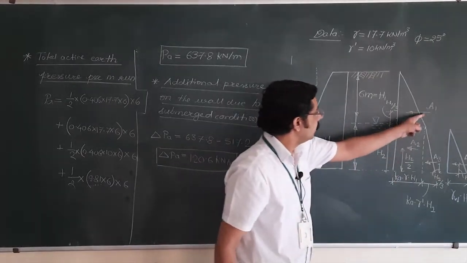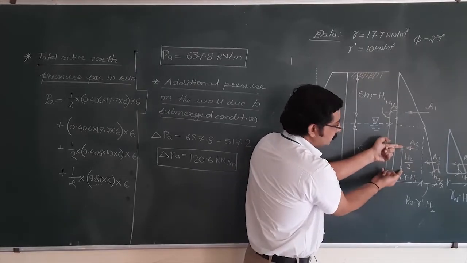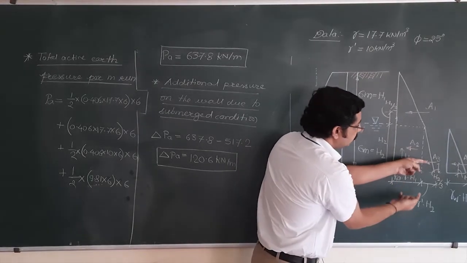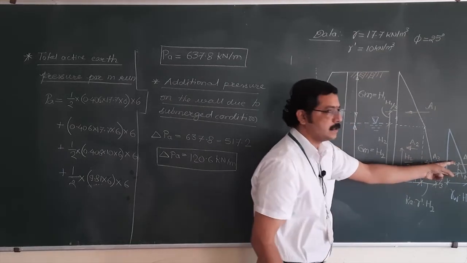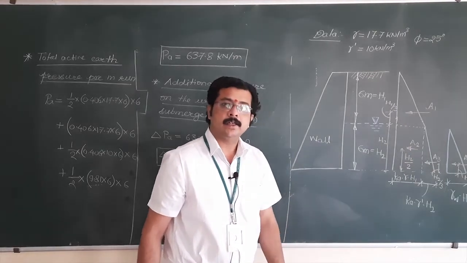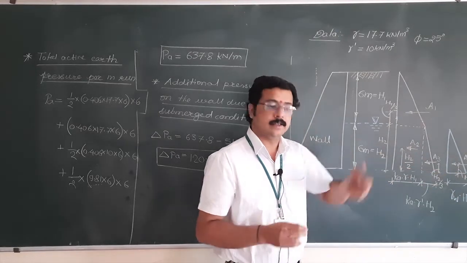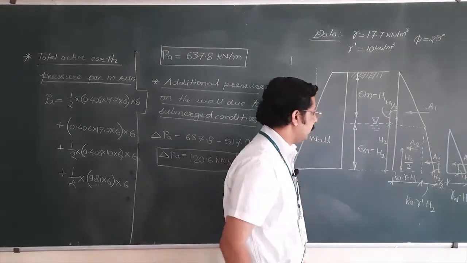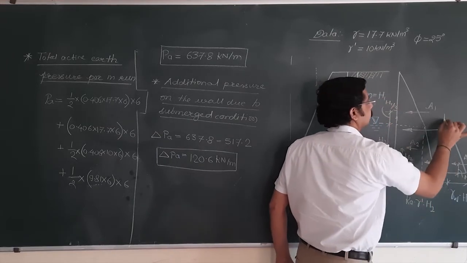Hence, A1 multiplied by this distance gives the first moment, A2 multiplied by this distance the second moment, A3 the third moment, and A4 the fourth moment. Add these moments together and equate it to the total area multiplied by the distance y. Let us say the total pressure is here, which is PA.